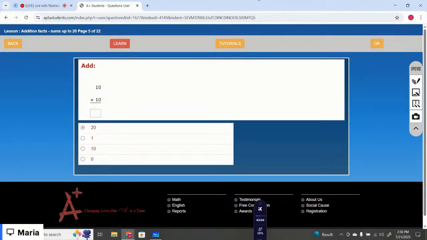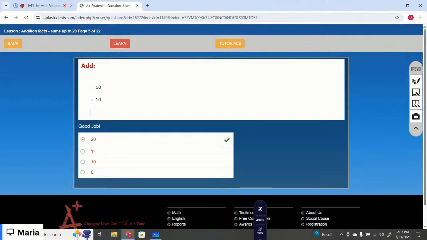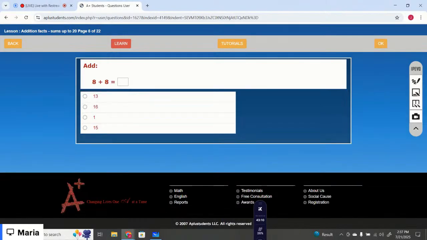That is 20. Option number 1 is the correct option. 8 plus 8 makes 16. Option number 2 is the correct option. Very good.